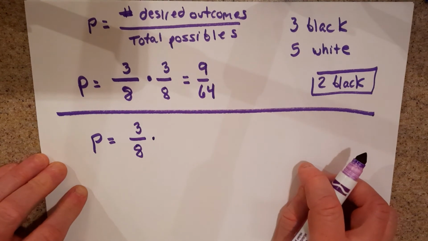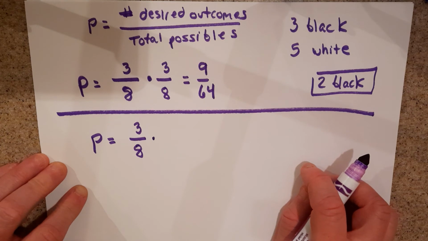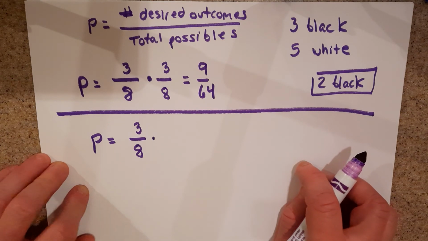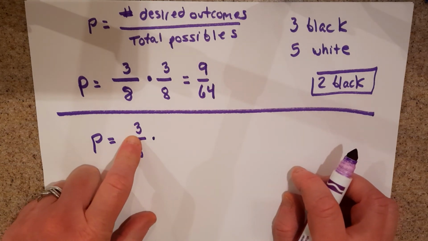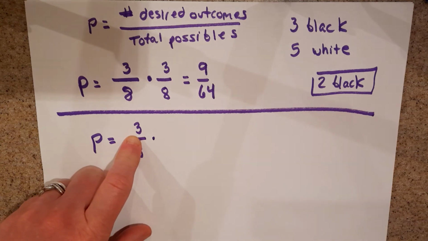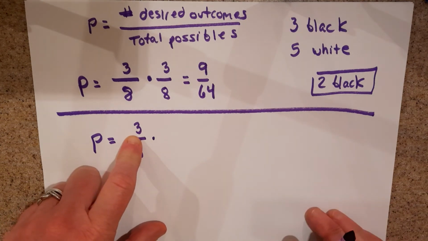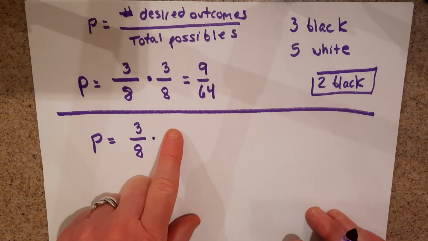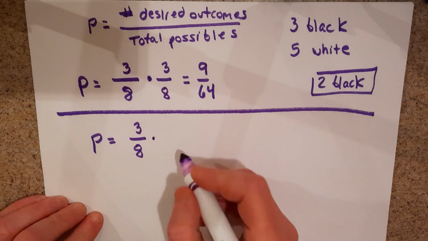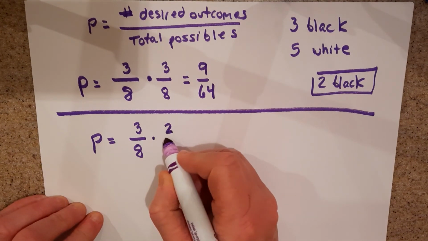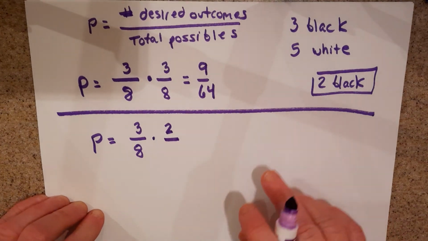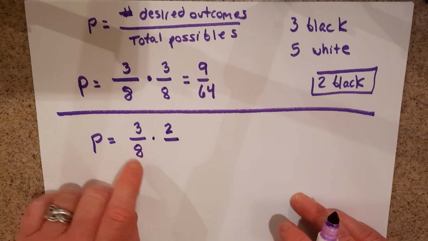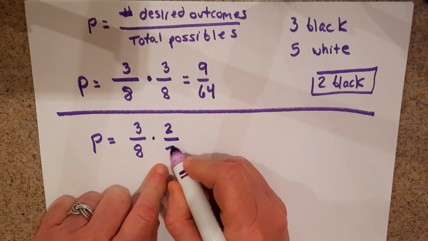But if we don't put that marble back in, then the second time, if the first one that we pulled out was a black marble and we leave it out of the bag, there are only 2 black marbles left. So the top part of this fraction would be 2. And if we didn't replace that first black marble, that would leave a total of 7 marbles in the bag.